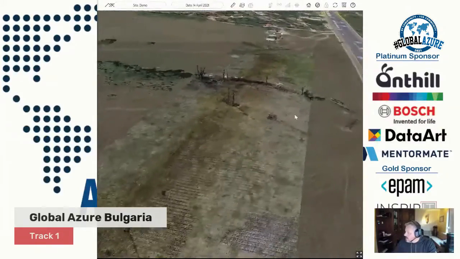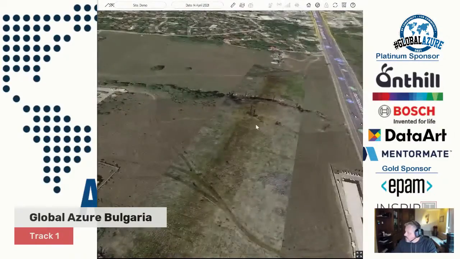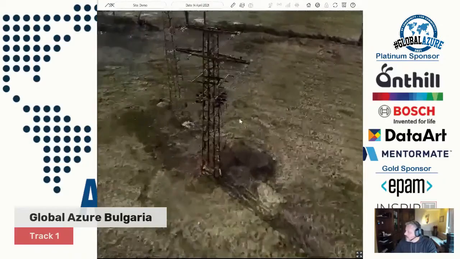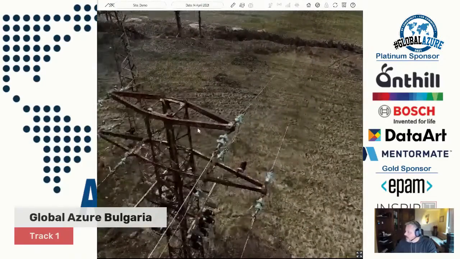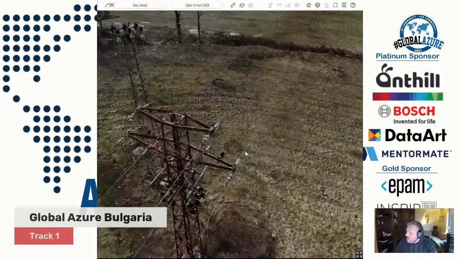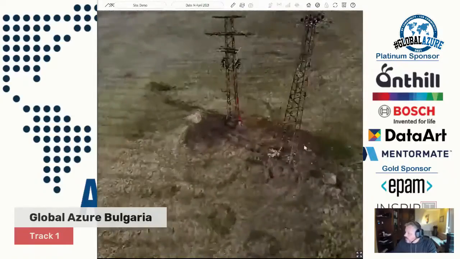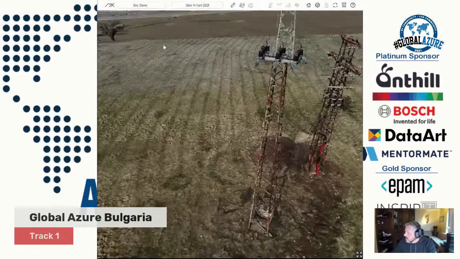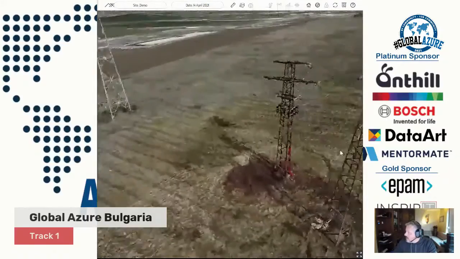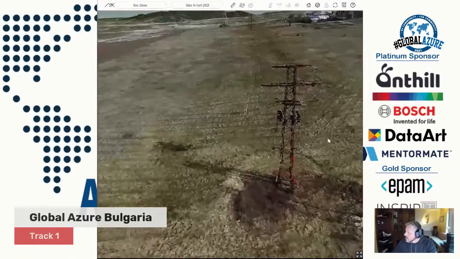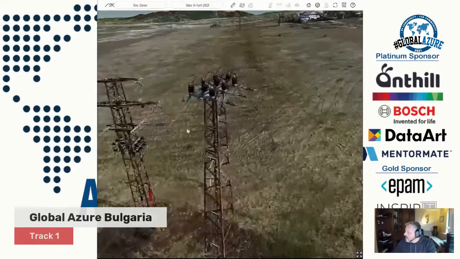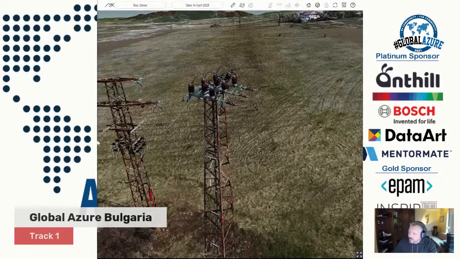This is near, as I said, the ring road of Sofia, next to a substation. And here, for example, we have a situation with extreme rust. What we want is to allow people to go there and also plan things like access, terrain, condition, something that is not present currently in our platform.